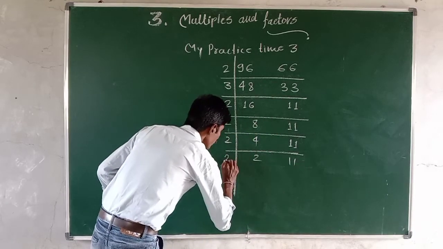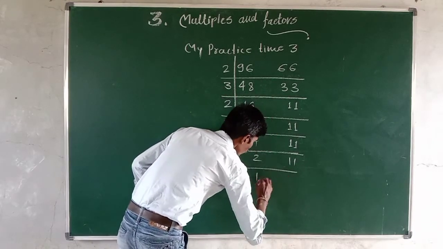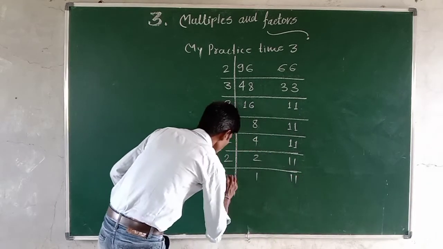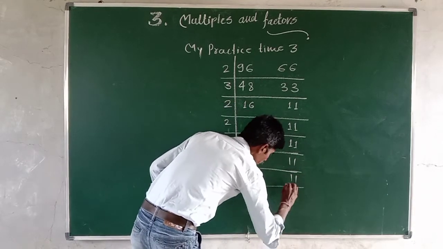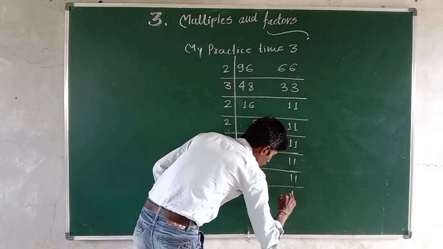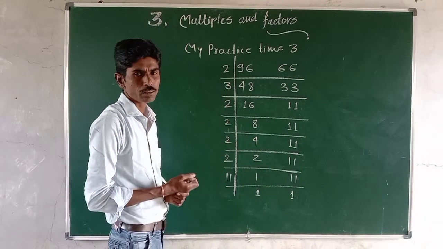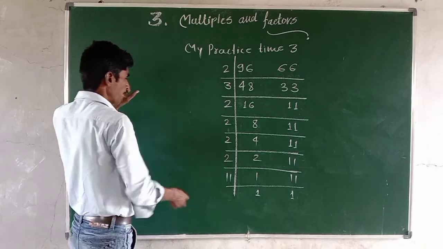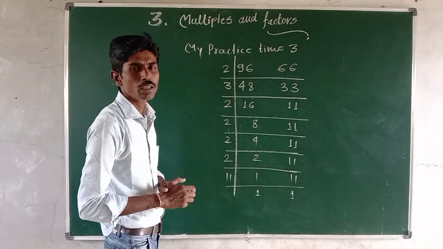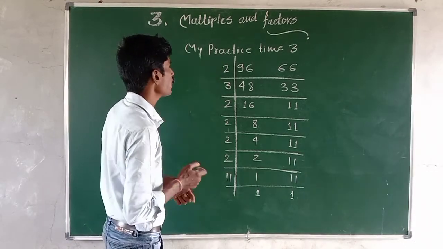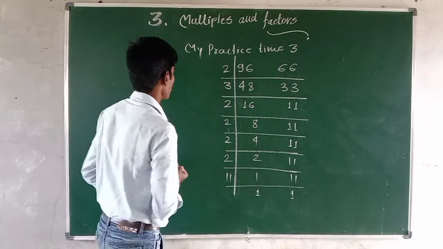Again this 2, 1, 11 as it is. Again 11, because 11 is a prime number, so there is a 1. So this is the way to find the factors. If you multiply these factors, you will get the LCM of this 96 and 66.